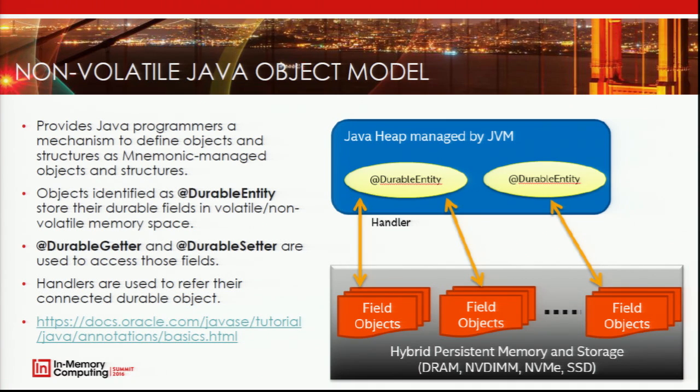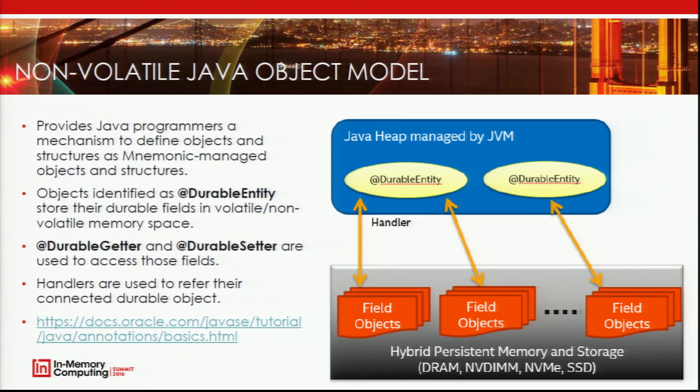With this annotation, we basically define a durable entity, or non-volatile entity, or a certain kind of entity that our project or the user can define by the model if you use this model. So we have a handler to connect to the entity.